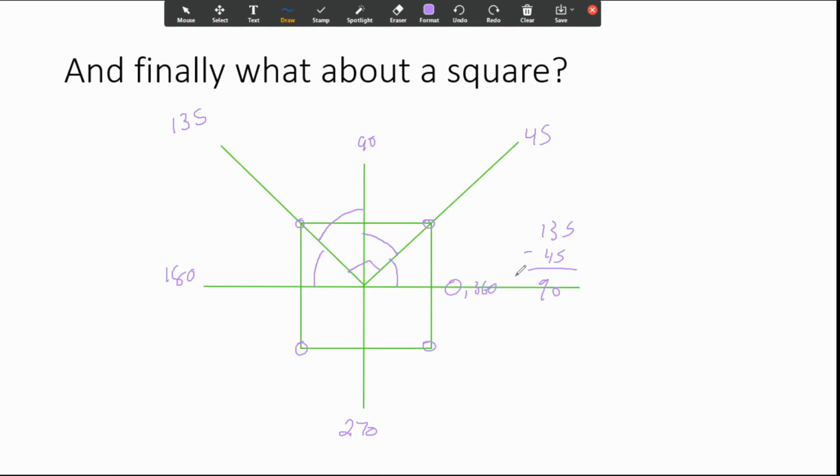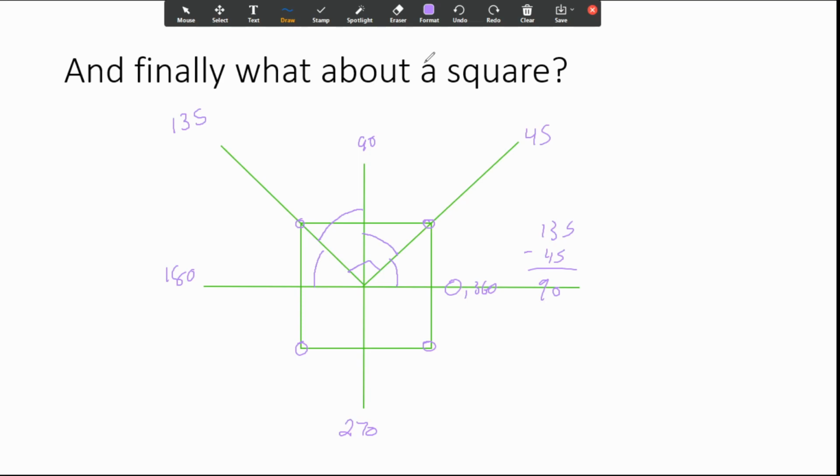I've also shown a little bit of extra above and beyond. Instead of drawing my square so that the corners line up exactly with the axes, I've done a little extra work to show you and hopefully convince you that these types of rotations work in exactly this manner. But for a square, it's every 90 degrees.